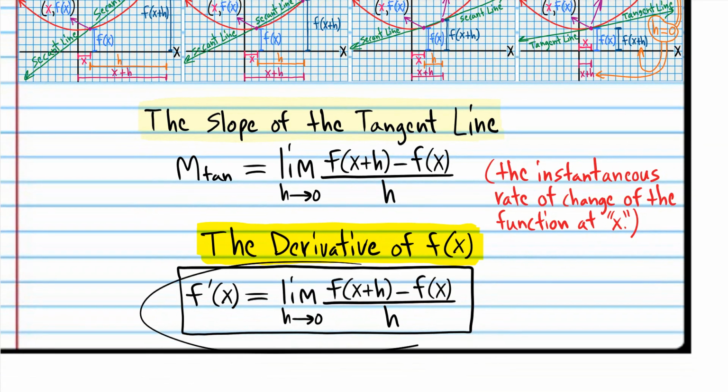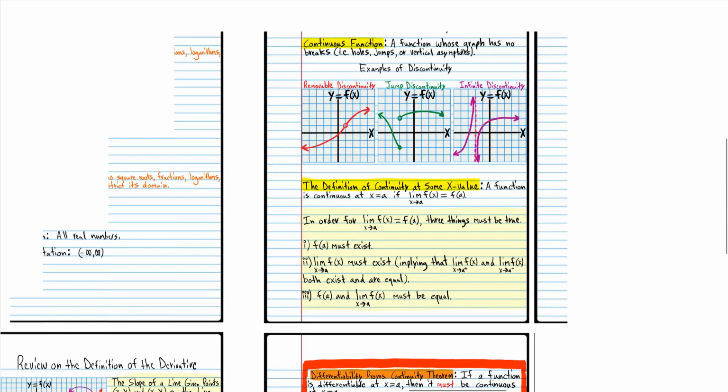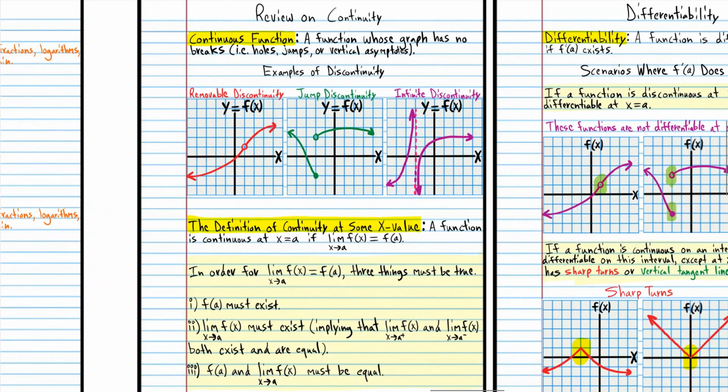And that is the definition of the derivative. That's the instantaneous rate of change of a function at some x value. That's the slope of the blue line that is tangent to the graph at the special point that we're referring to. So that's some review there on the definition of the derivative.